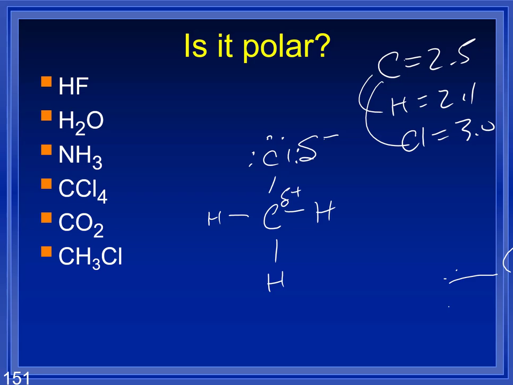Now, it doesn't even matter what the three-dimensional shape is. Is there a positive and negative end to this? Is there anything canceling out that negative? Nothing's canceling out the negative, is it? So since nothing's canceling out the negative, that means that end is negative. Anything canceling out that positive? Nope, that end is positive.